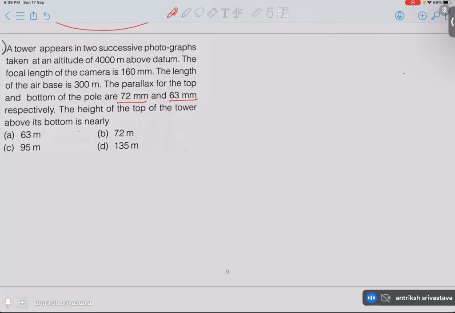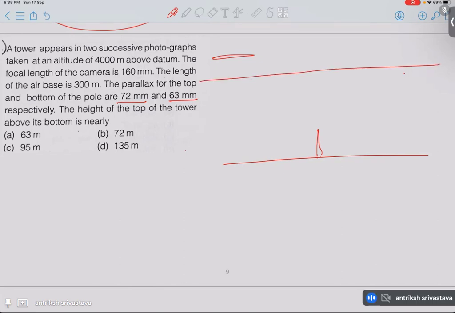So how many of you are familiar with the parallax concept when we talk about photogrammetry? Okay, no need to answer that question. I'll just say what this parallax actually is. Let's say you have a tower and you have your plane here.